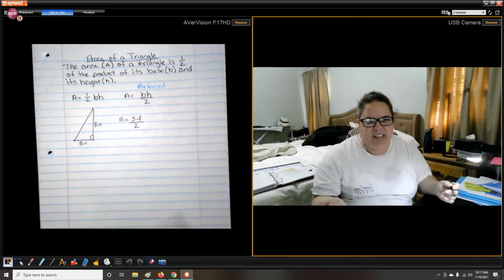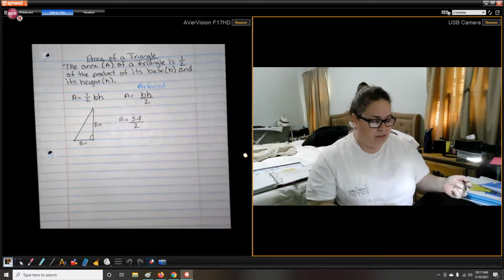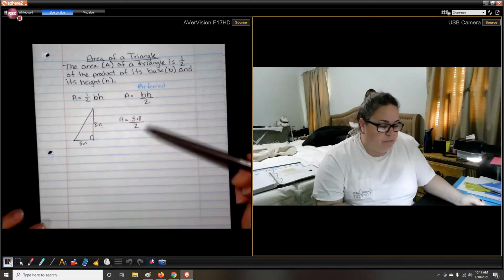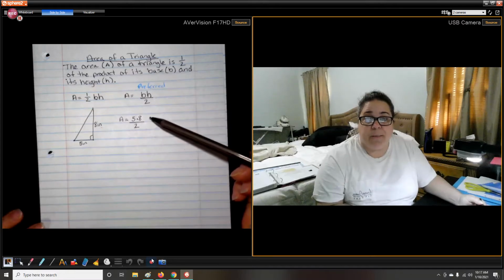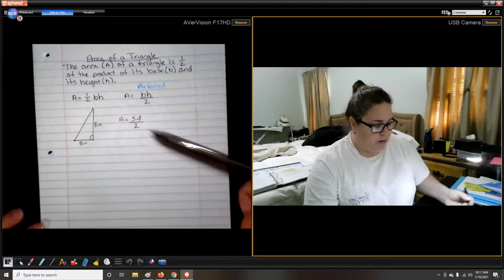Now that kind of looks like a semi-normal math problem, right? It's actually like an order of operations. So when you see the fractions like this, you have to remember, work on the top. Then if there's any work on the bottom, you do the bottom, and then you divide, okay?